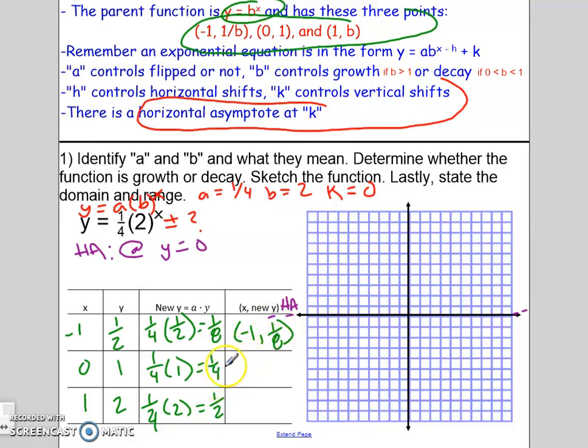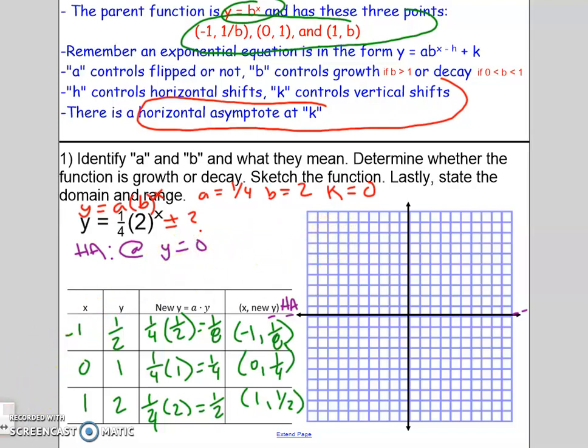For the second one, it's going to be 0, 1/4. And the third is going to be 1 and 1/2. So we got to plot these 3 dots and we're pretty much done with our graph.